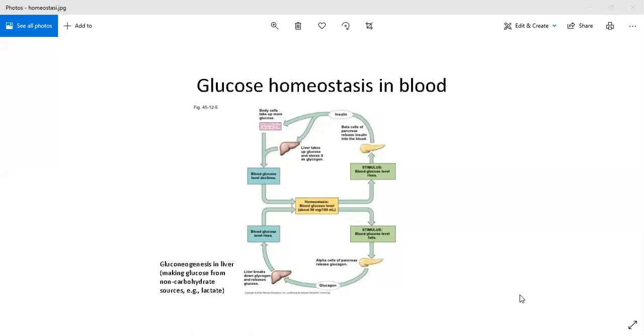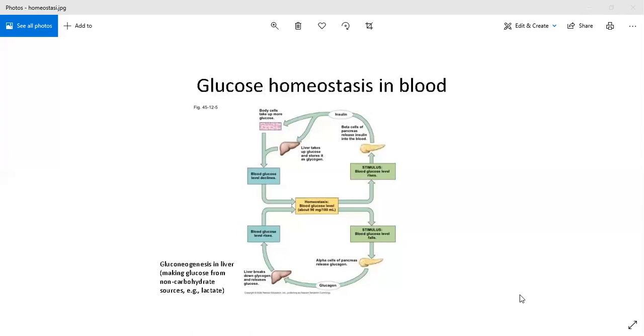But there is a certain amount of glucose that the body needs. The normal amount of glucose that the body needs is around 90 milligrams per deciliter. From this diagram, we can say 90 milligrams. That is the normal amount of glucose in the blood.